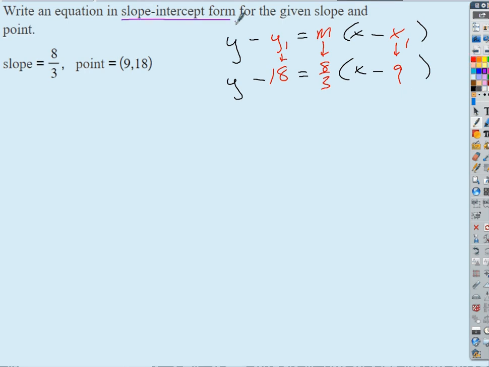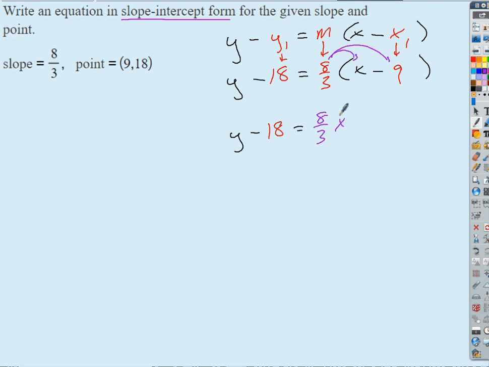Well, what do we have to do to put it in the slope intercept form? We're going to distribute and simplify and all that stuff, right? So we'll distribute the 8/3, which gives us what? If I distribute the 8/3, what am I going to get?